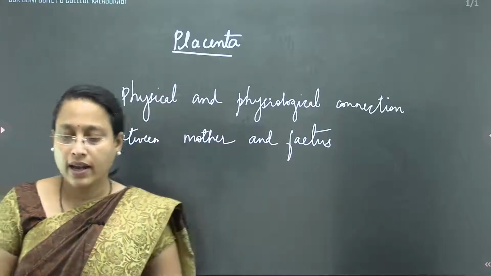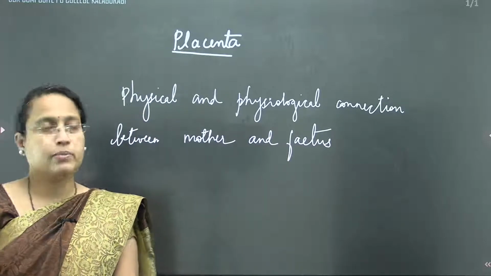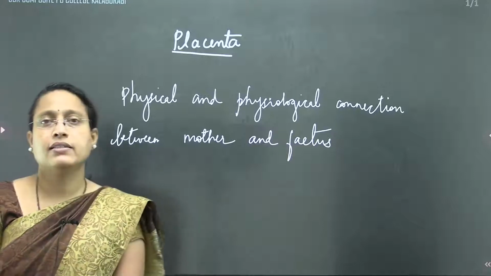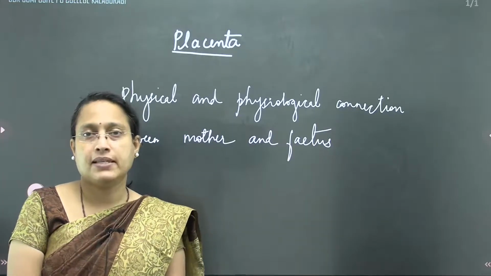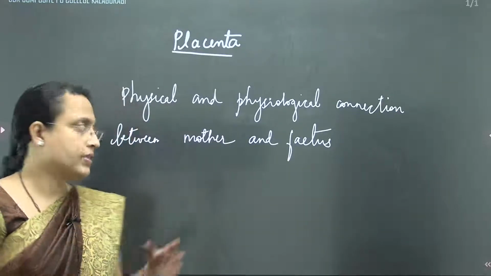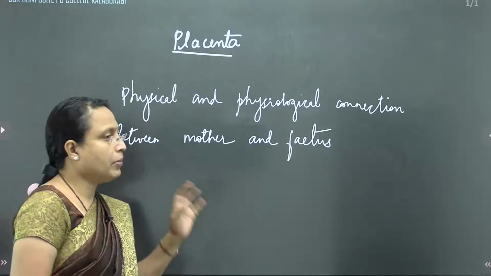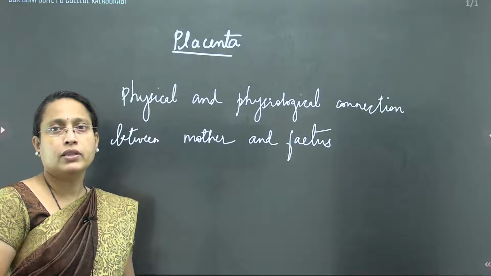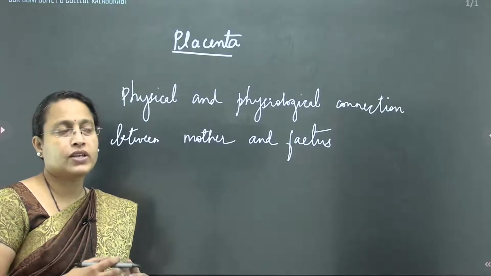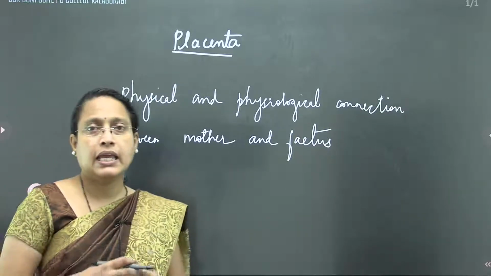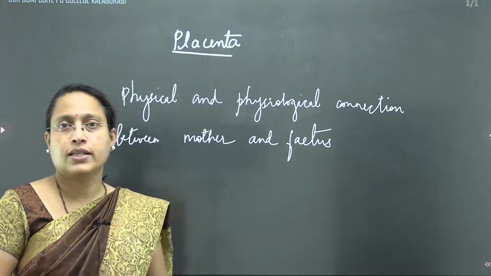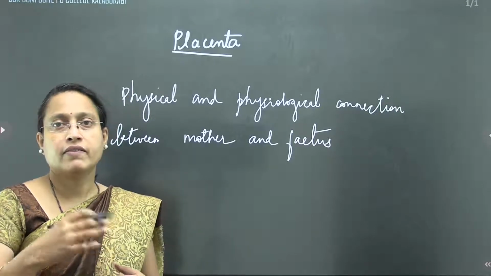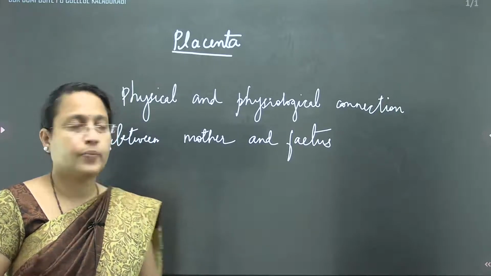So, physical and physiological connection between mother and fetus is called placenta. What is the physical connection? It means the embryonic tissue will be part of the maternal tissue. For example, the chorionic villi pass into the decidua to form further, which develops into placental villi.